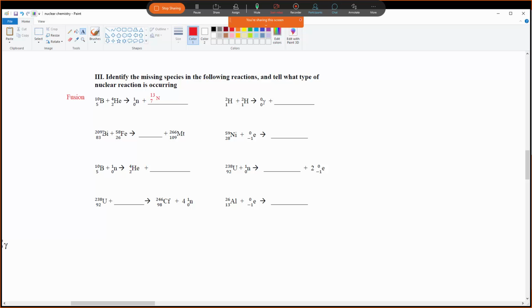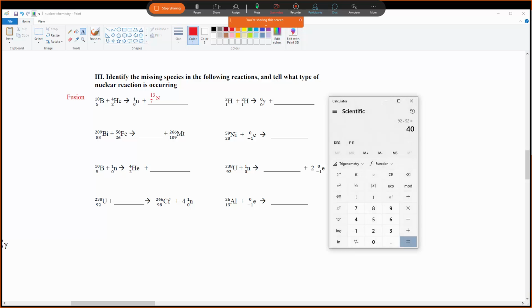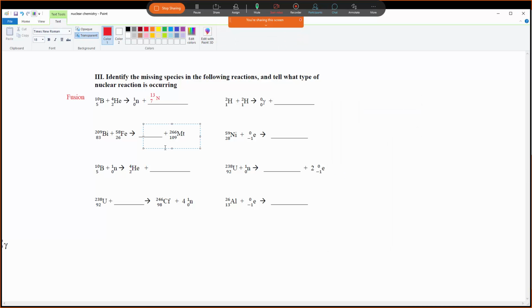All right, let's see. We've got bismuth 209 plus iron 58 goes to form something plus meitnerium 266. And I'm going to need a calculator for this one. 209 plus 58, so 267 on the left-hand side is going to equal 1 plus 266 on the right-hand side. Okay.